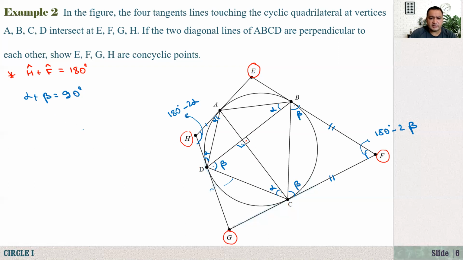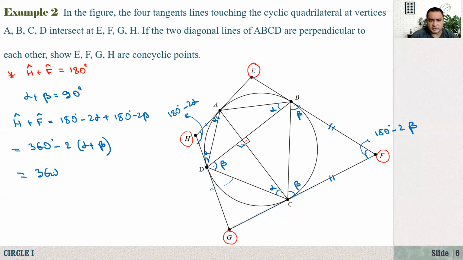Now if you add angle H plus angle F: angle H is 180 minus 2 alpha, and angle F is 180 minus 2 beta, which is equal to 360 minus 2 times the sum of alpha and beta, because they are the remaining acute angles in a right angle triangle.